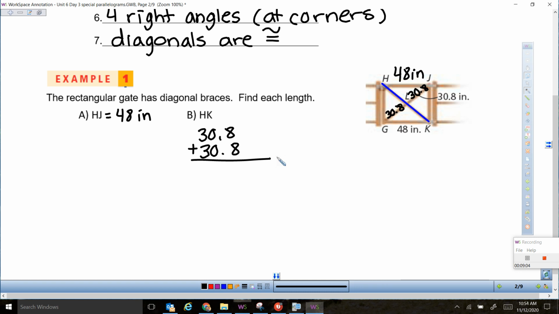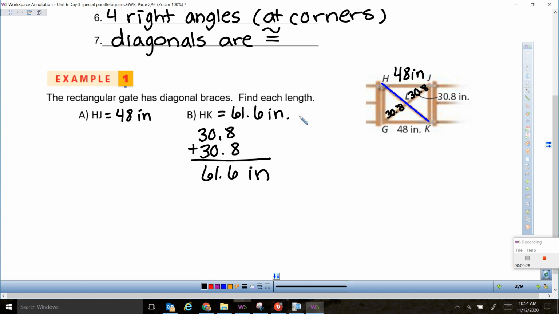And what is the total length of the diagonal? 61.6 inches. So if this diagonal is 61.6 inches, the second diagonal is congruent to it, so both diagonals are 61.6 inches.